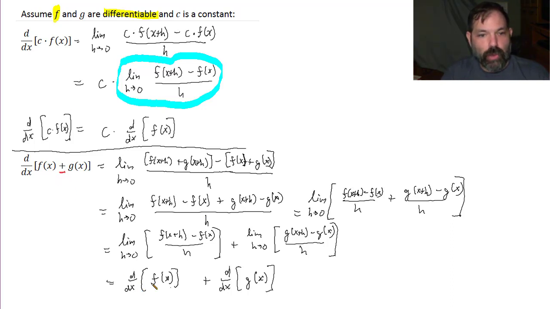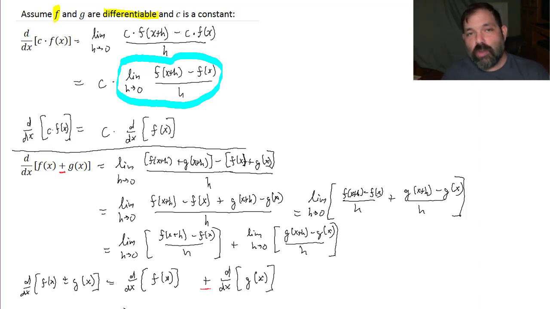If this was a subtraction, we would just have a subtraction. Works just the same. d by dx of f of x plus or minus g of x is the derivative of f of x plus or minus the derivative of g of x, whichever is appropriate, either the plus or the minus.